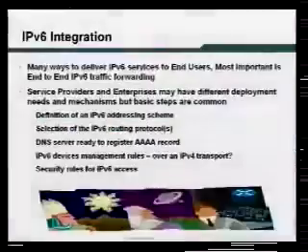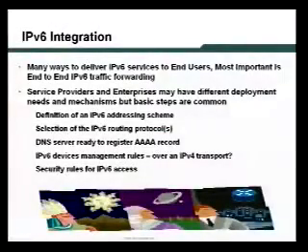As far as the deployment is concerned, for enterprises and ISPs, what they have to look for is pretty much the same. It could vary a little in some cases, but the major components are pretty much the same. They have to do all the addressing part, and then choose the routing protocol.